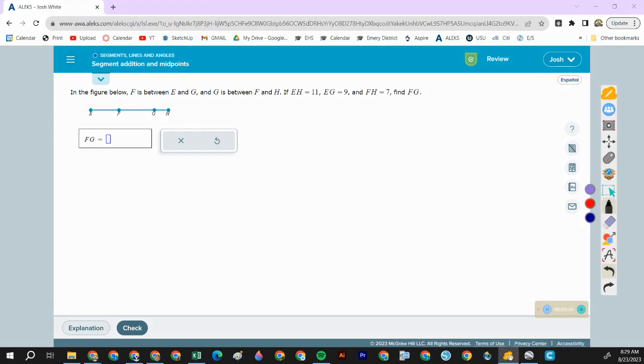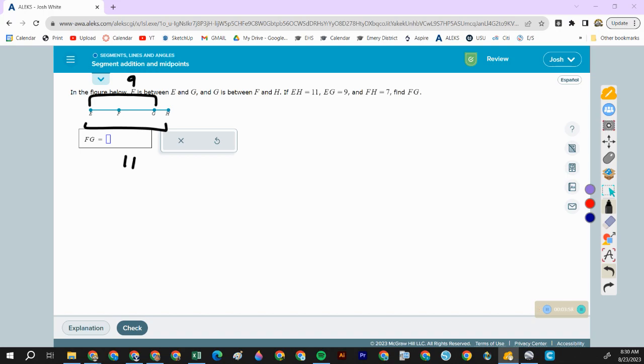All right. EH is 11, so this is 11. EG is 9, so that is 9. And F is between E and G, G is between F and H. How big is FG?